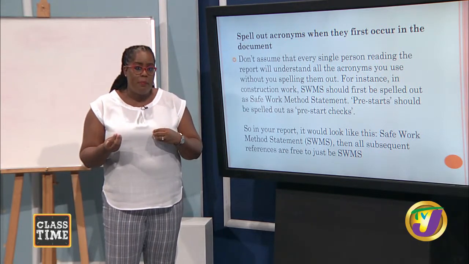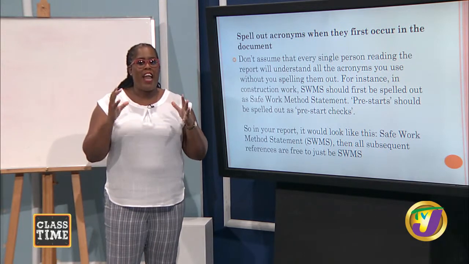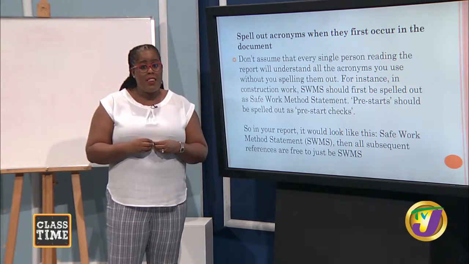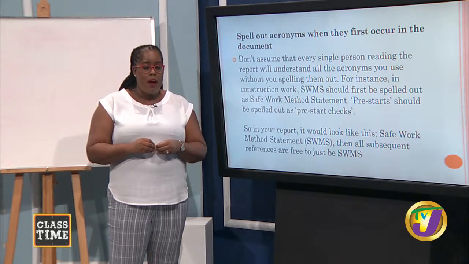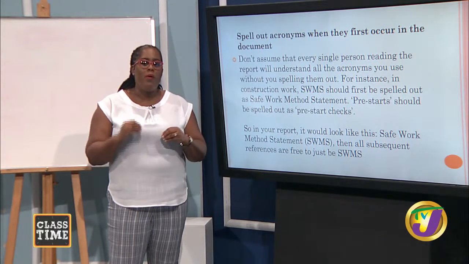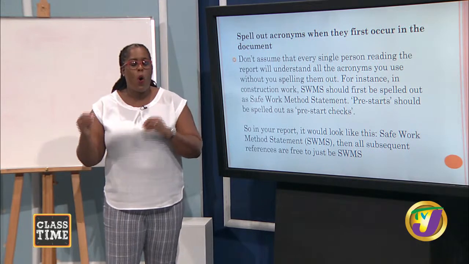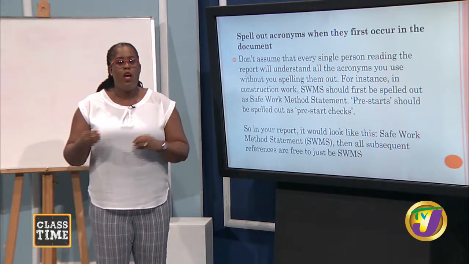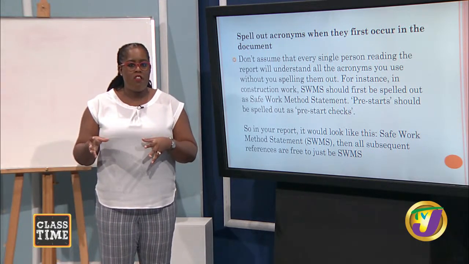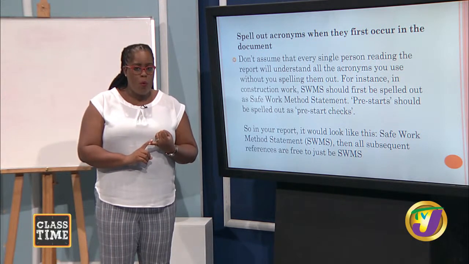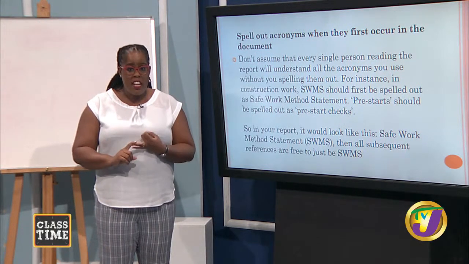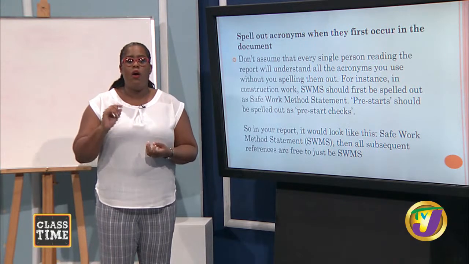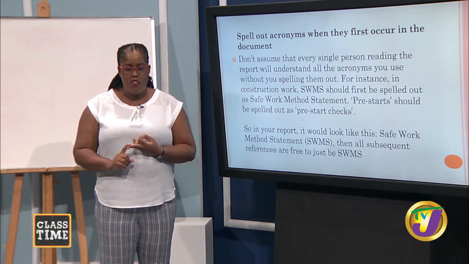An acronym, right, spells an actual word. Can we think of an acronym? Right? One example is WHO, World Health Organization, right? So World Health Organization, W for world, H for health, and O for organization.